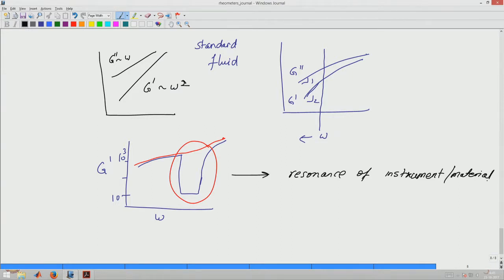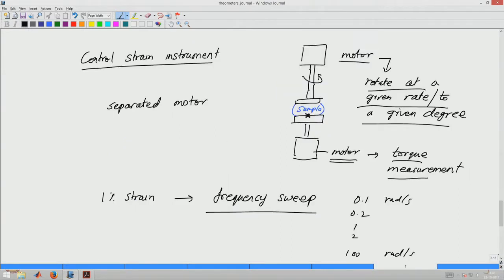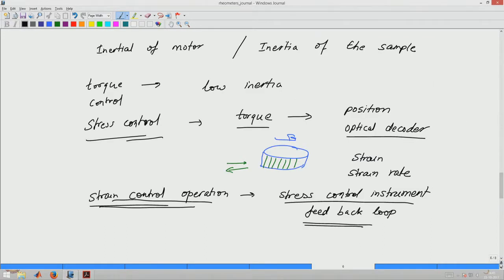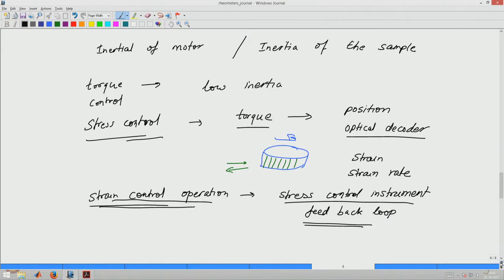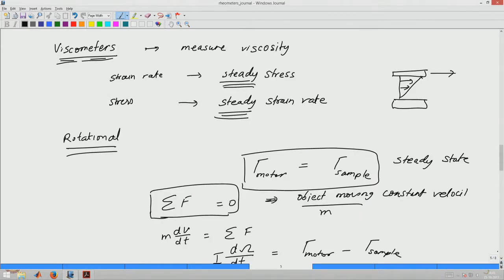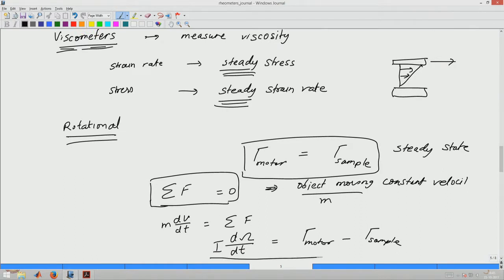So, the fact that we talked about before, that there is an instrument inertia, and the Gavani equation depends on the overall sample response and material response. So, this determines it actually.